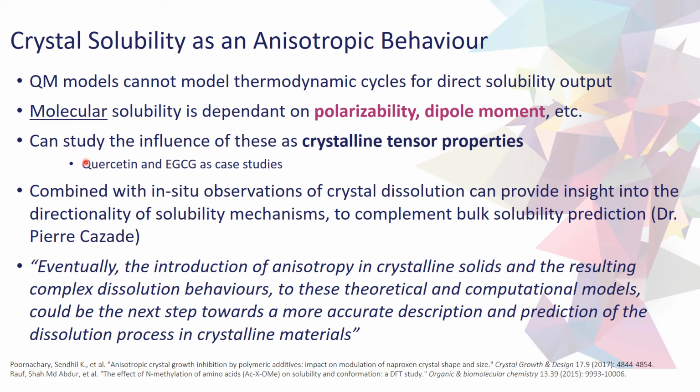So EGCG being the molecule in green tea, very low solubility, and quercetin, highly soluble crystal. So we can study the electrical properties of these crystals and see if we can start to see clear trends in the inherent unit cell properties that contribute to large or less large solubility behavior.